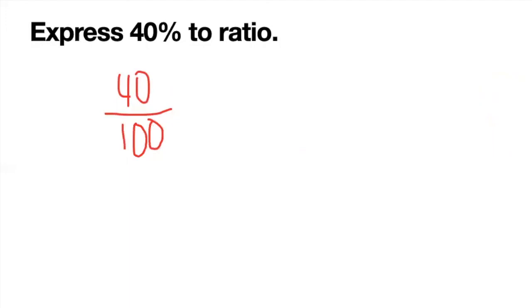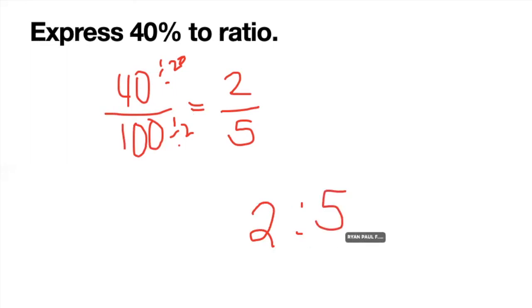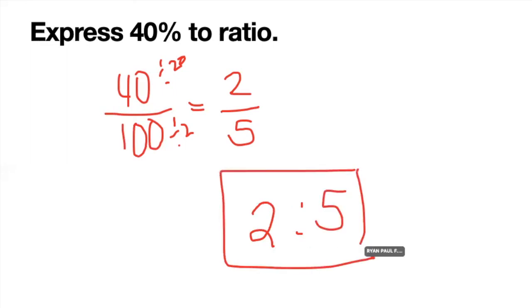By getting its simplest form, by dividing both the numerator and the denominator by 20, we'll get 2 over 5. Remember that fraction is related to ratio. Therefore, we can write the fraction 2 over 5 in the form of ratio as 2 is to 5. So the answer is 2 is to 5.